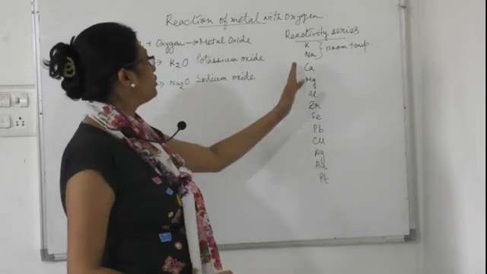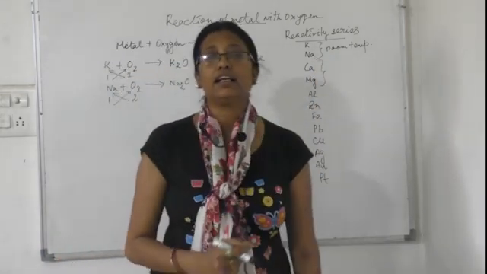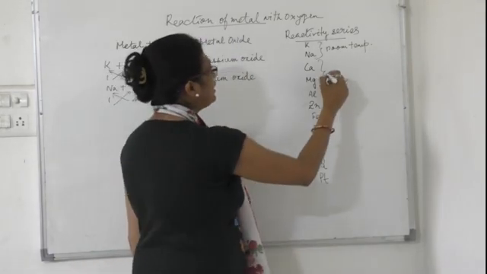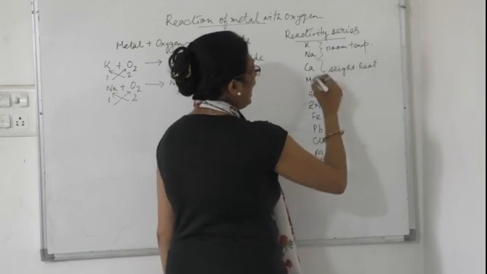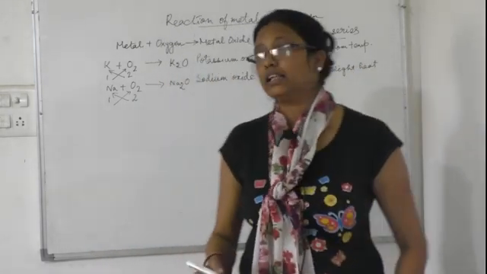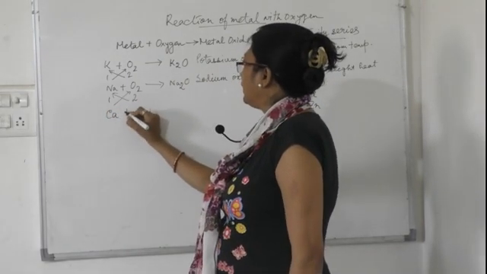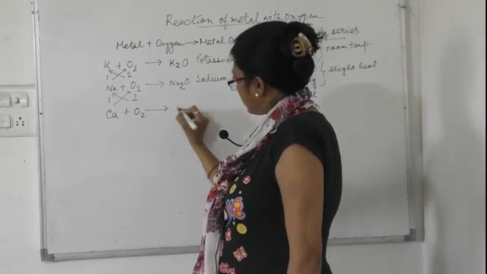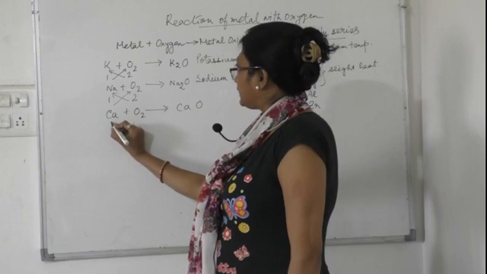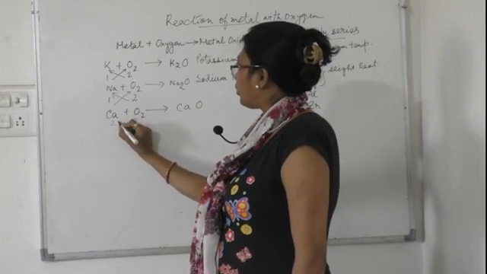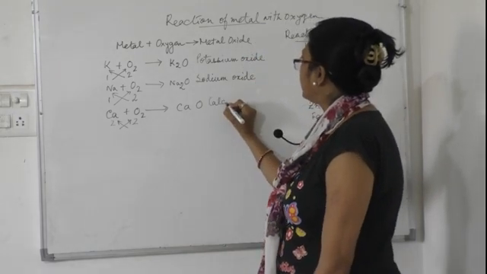Next we are coming to calcium and magnesium. They are a little less reactive, so here we need slight heat. We have to heat these two metals slightly to have the reaction. So calcium plus oxygen, calcium oxide. Now the valency of calcium is 2, oxygen is also 2, so CaO, calcium oxide.